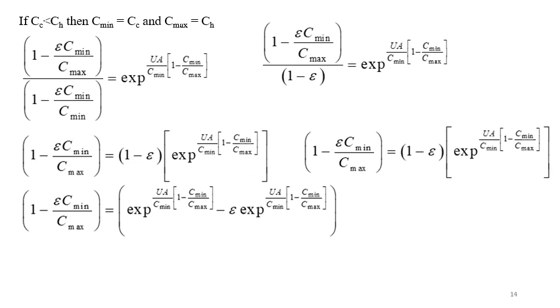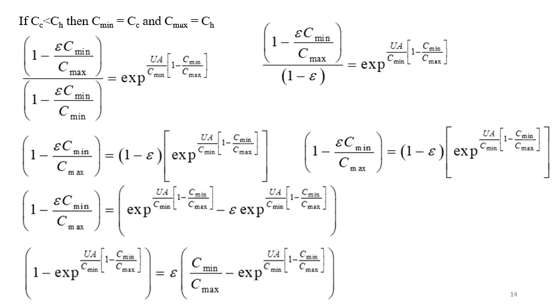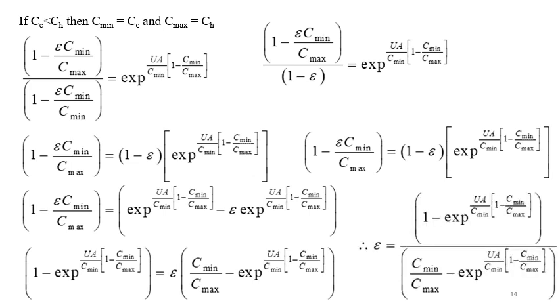Finally, simplifying further, we will get 1 minus exponential to the power UA by C min into (1 minus C min by C max) is equal to effectiveness into (C min by C max minus exponential to the power UA by C min into (1 minus C min by C max)).